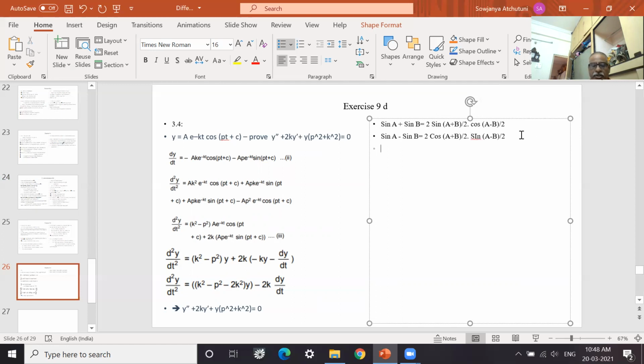Now again cos A plus cos B is equal to 2 cos((A plus B) by 2) into cos((A minus B) by 2). What is cos A minus cos B?